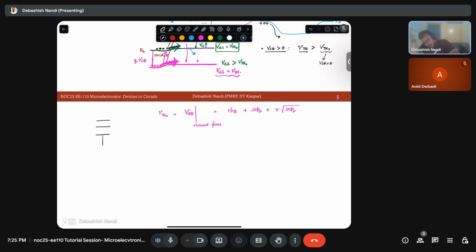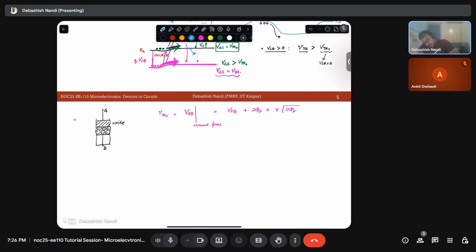So basically, this is what we have, right? This is your oxide layer, and this is, let's say, your depletion charges. If I just take a cut section along the device, and let's say this is your body terminal beyond this, and this is your gate terminal, what are the potential drops you will have?